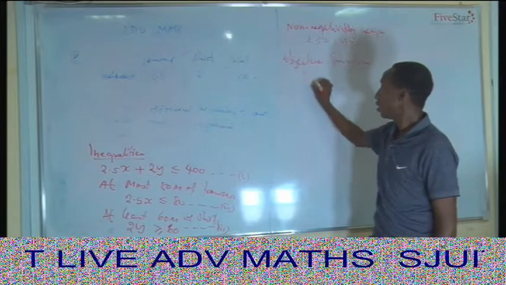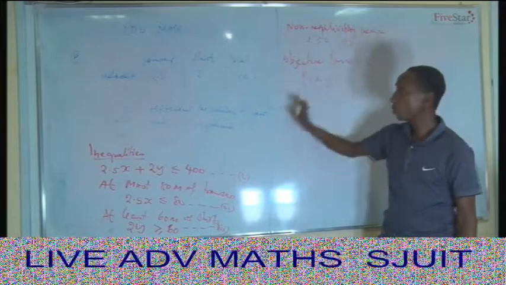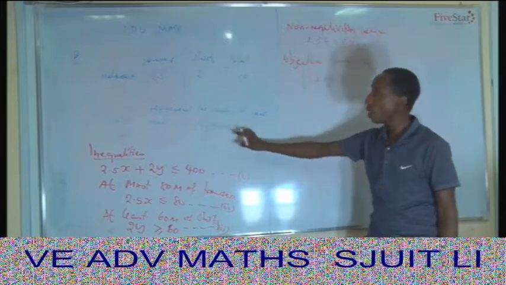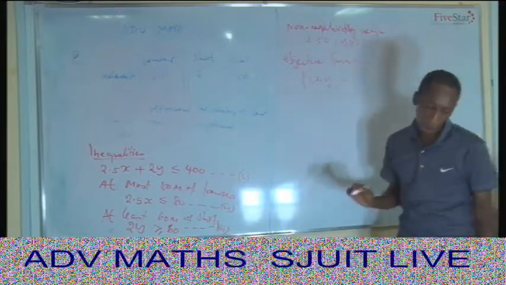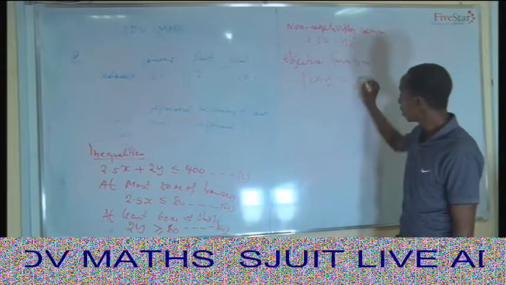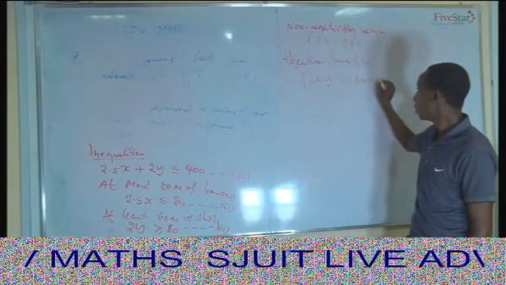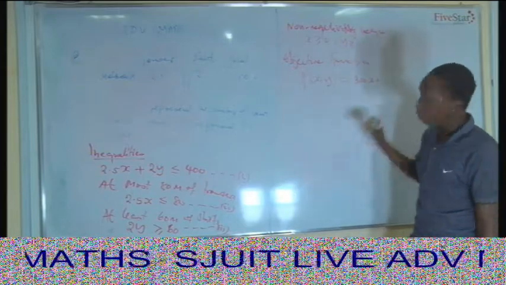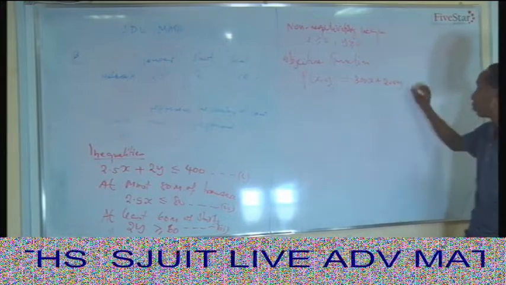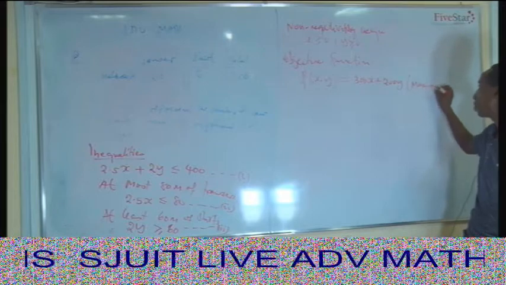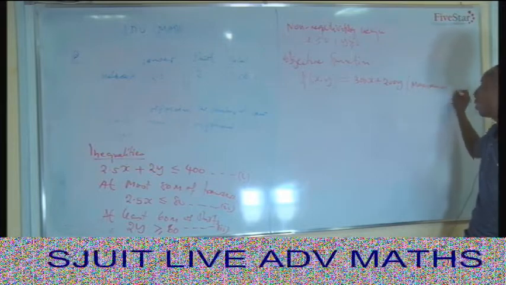This is a function of X, Y, where X represents trousers made and Y represents shirts. This is equal to 300X plus 200Y. We need the maximum income, so we need the maximum value of this function.